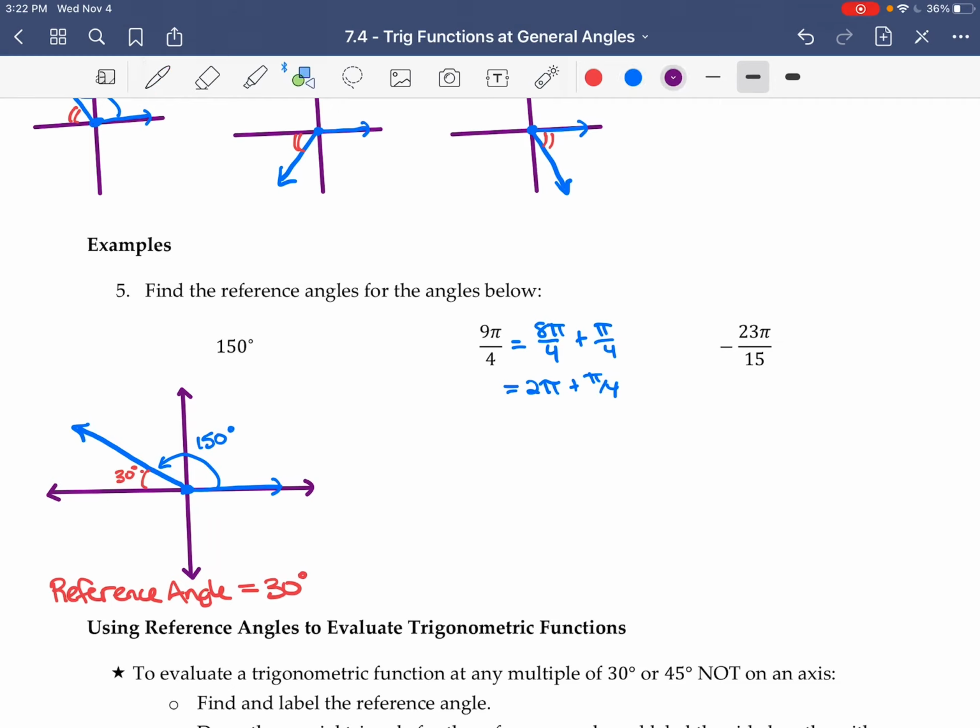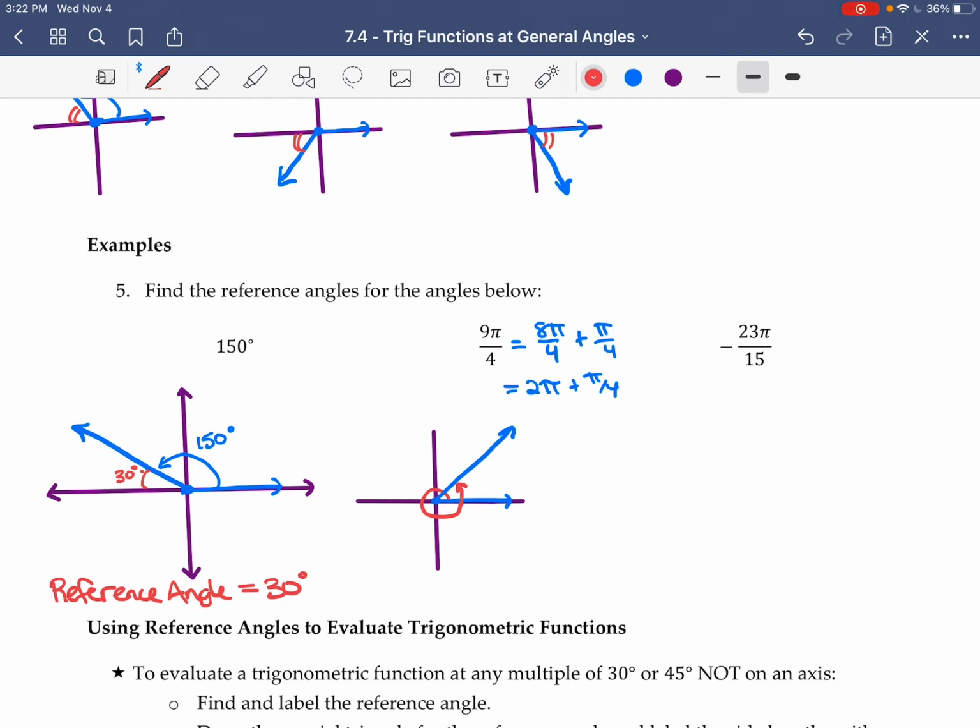Okay, so it's going to look like this. There's our initial side. We're going to go a full rotation and then pi by 4 more. So that is 45 degrees.